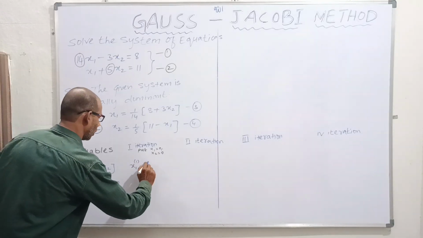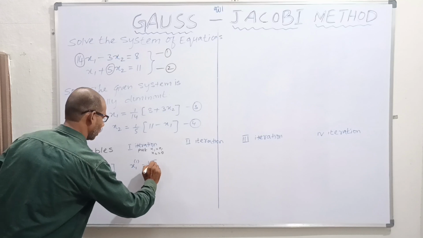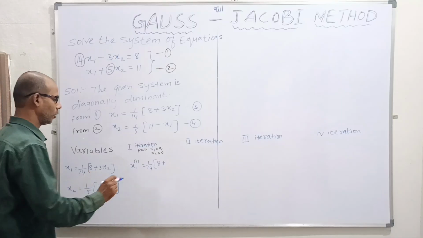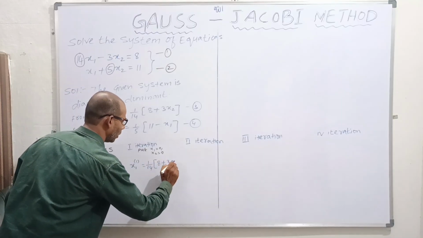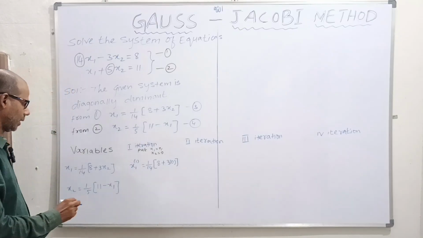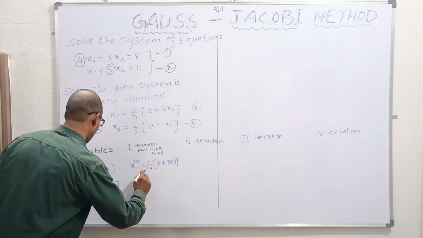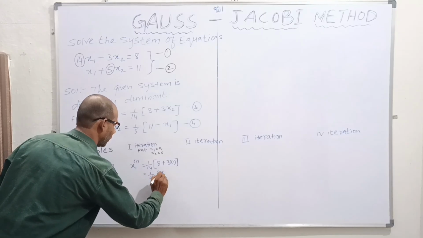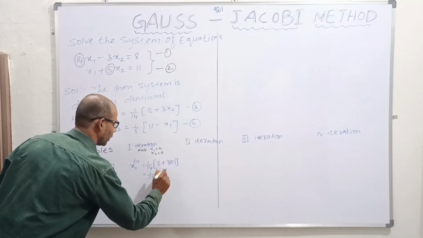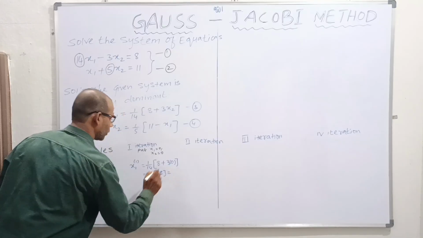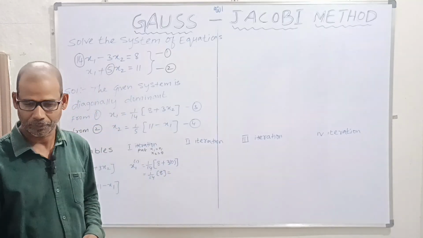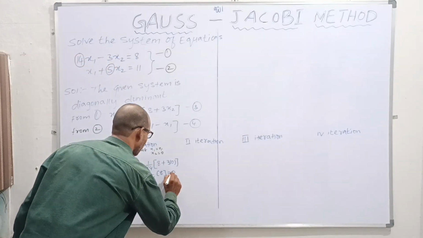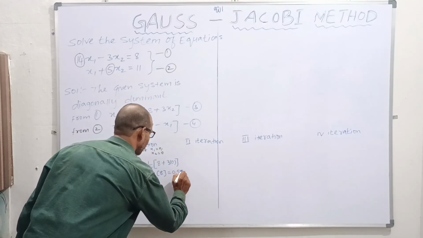Then it becomes 1 upon 14 into 8 plus 3 into 0. 3 into 0 is 0, so this equals 1 upon 14 into 8, which is 8 upon 14. 8 upon 14 is 0.571.